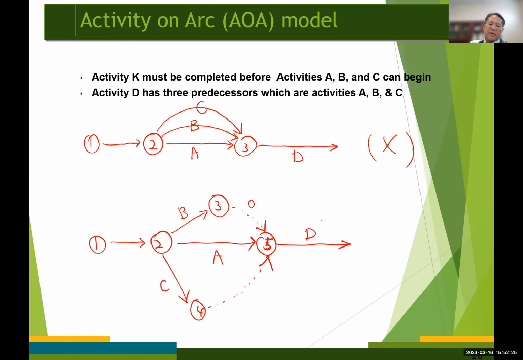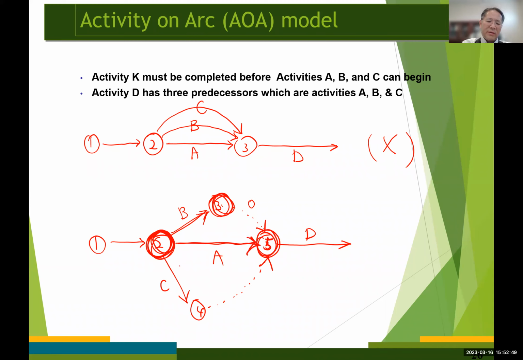Also keep in mind that only one activity is allowed between two vertices. So here, only one activity is allowed. Also, between these two vertices, only one activity is allowed.